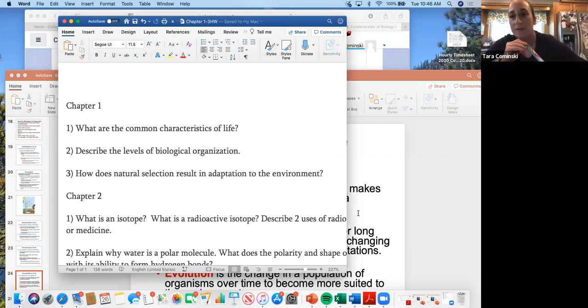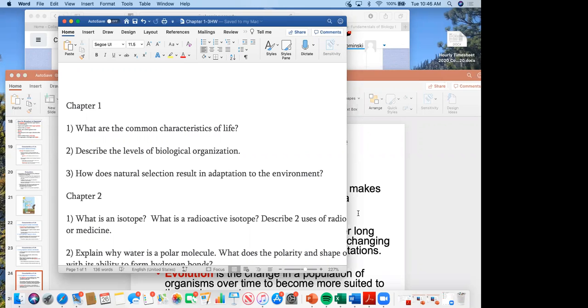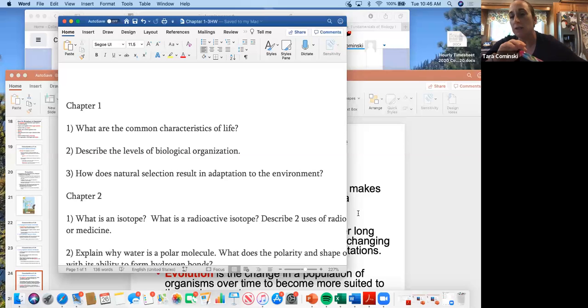Perfect. Yeah, exactly. The other point that I always try to make here is that when we talk about selection or natural selection, the traits those animals have are there by chance, right? They're there because of genetic changes or mutations that occur. But if that trait gives them an advantage, it's going to make them more fit for that environment, and they're going to produce more offspring and be more successful, just like Alicia said.